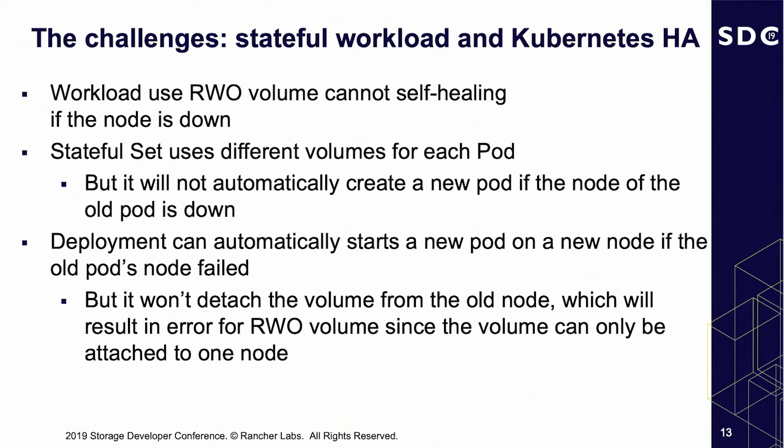A block device is not really shareable. So that is some problem right now with Kubernetes stateful workloads. There are some approaches in upstream Kubernetes using taints and timeout mechanisms to try to remedy this, and we'll see how it goes.